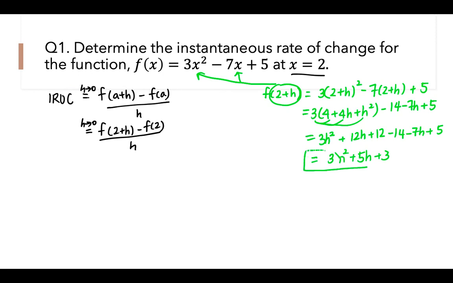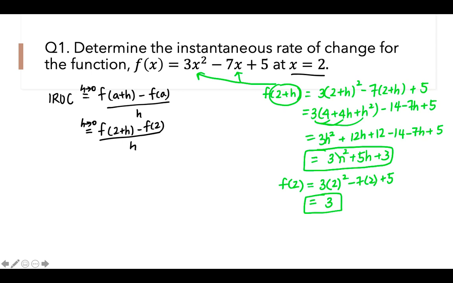Okay, so this is my output when it's 2 plus h as an input. And then we also have to input the function when it's 2. So I'll be plugging in 2 into x: 3 times 2 squared minus 7 times 2 plus 5. When you evaluate it all together, you should be getting 3.